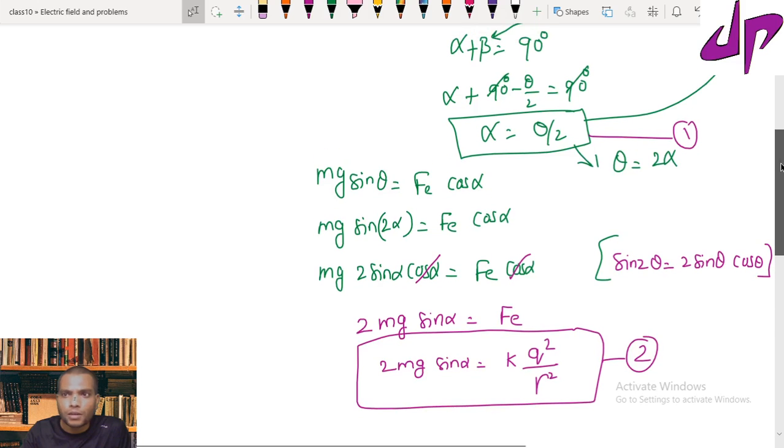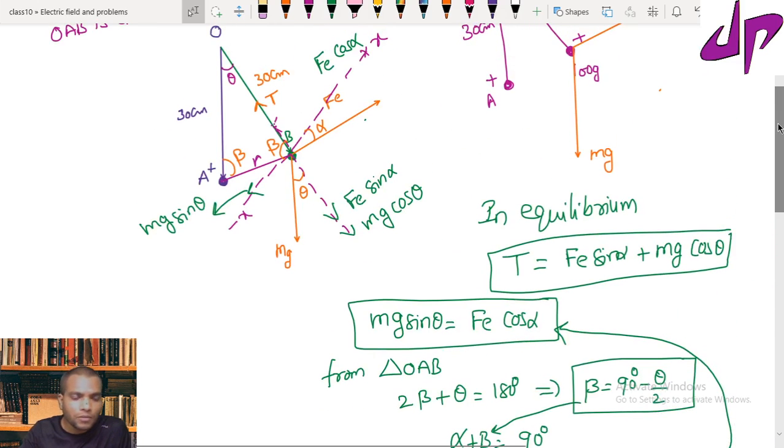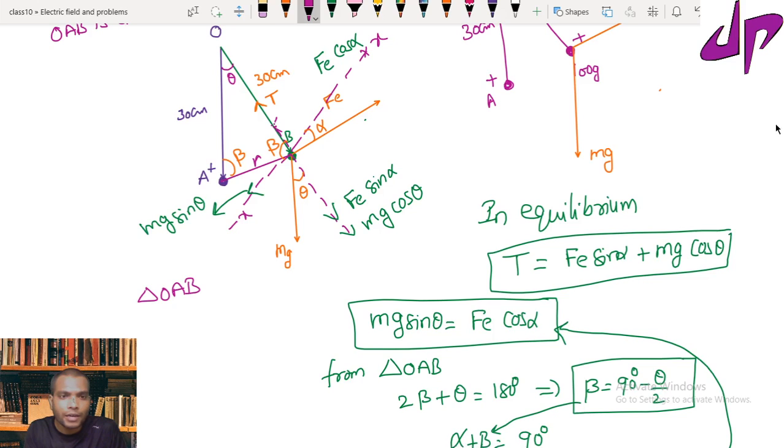Now to go further, I would like to use one of the trigonometric identities from triangle OAB, an isosceles triangle. We can use the identity c square equal to a square plus b square minus 2ab cos theta.